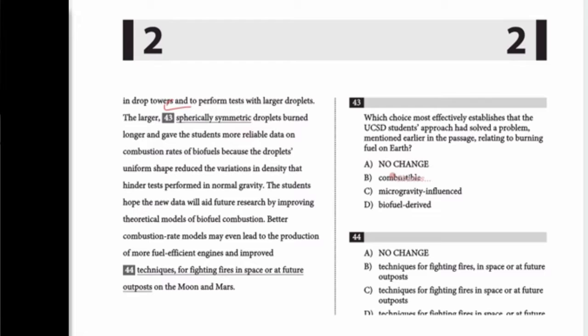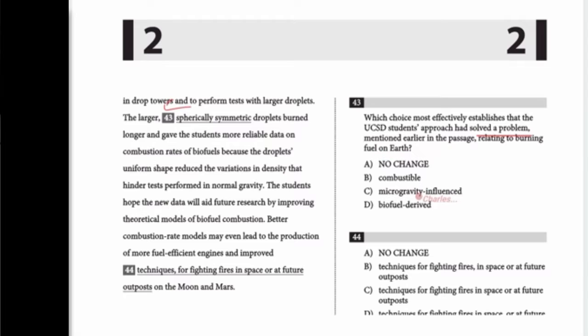The larger combustible droplets burned longer. The larger microgravity influenced droplets burned longer. The larger biofuel derived droplets. So the problem on Earth, burning on Earth, was that they lost the spherical shape.